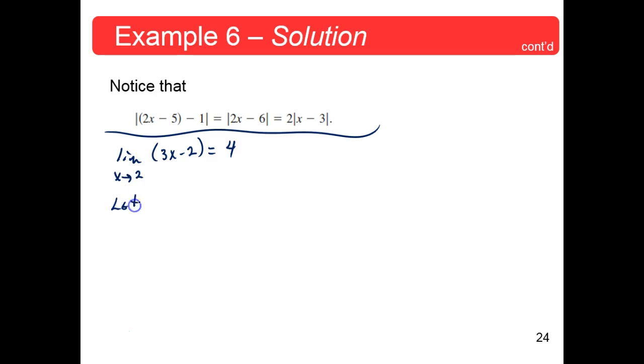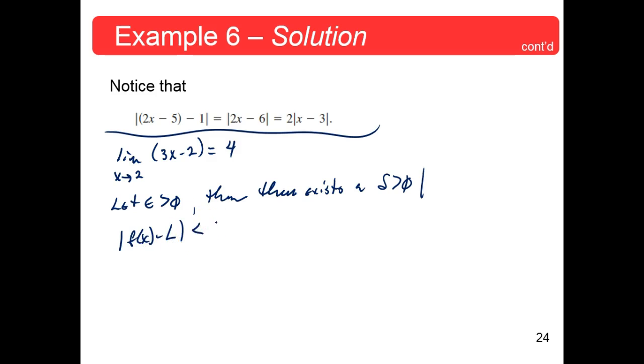technically we say let epsilon be greater than 0. Then there exists a delta greater than 0 such that for any absolute value of f of x minus L less than epsilon, there must be a 0 less than, not equal to, x minus 2, okay, that's x minus c, less than delta.